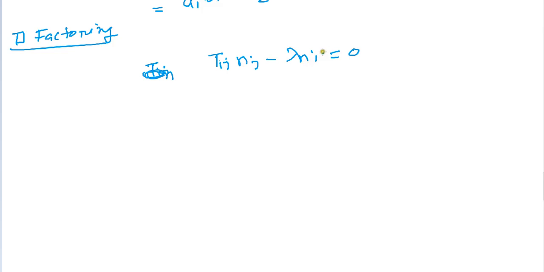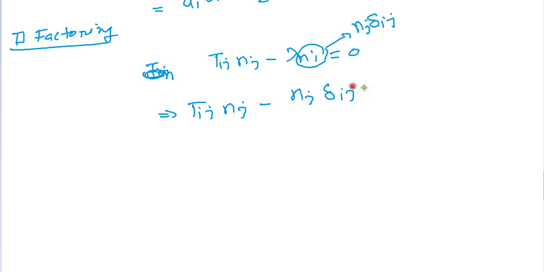If we write n_i equal to the Kronecker delta ij n_j, we can substitute this, so we get T_ij n_j minus lambda Kronecker delta ij n_j equal to 0.